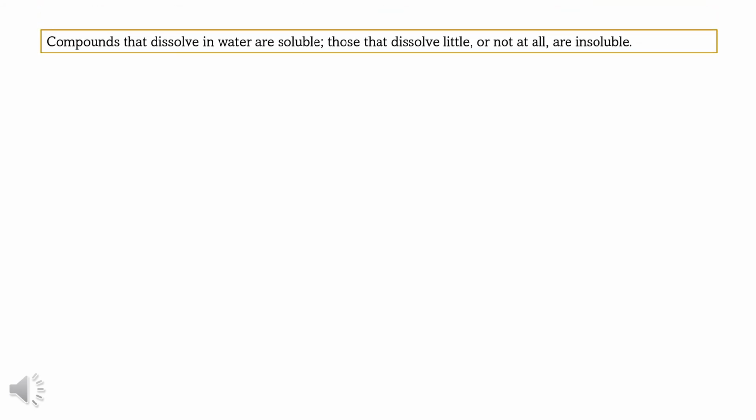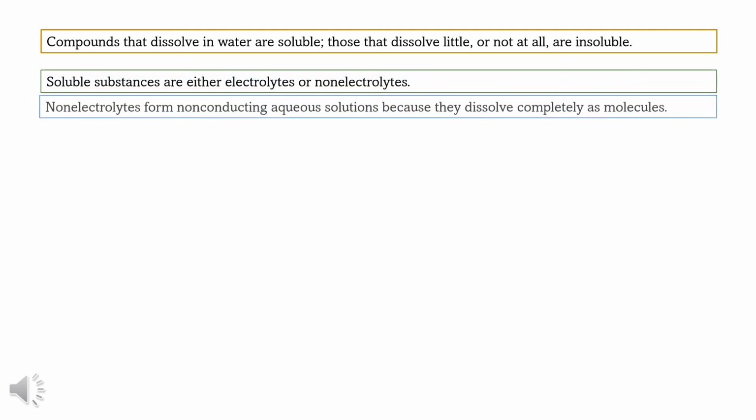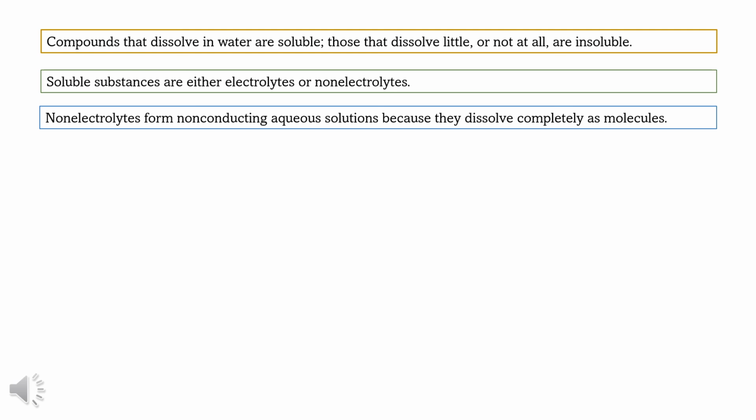Okay, so let us summarize the main points in this section. First, compounds that dissolve in water are soluble, and those that dissolve little or not at all are insoluble. Soluble substances are either electrolytes or non-electrolytes. Non-electrolytes form non-conducting aqueous solutions because they dissolve completely as molecules.